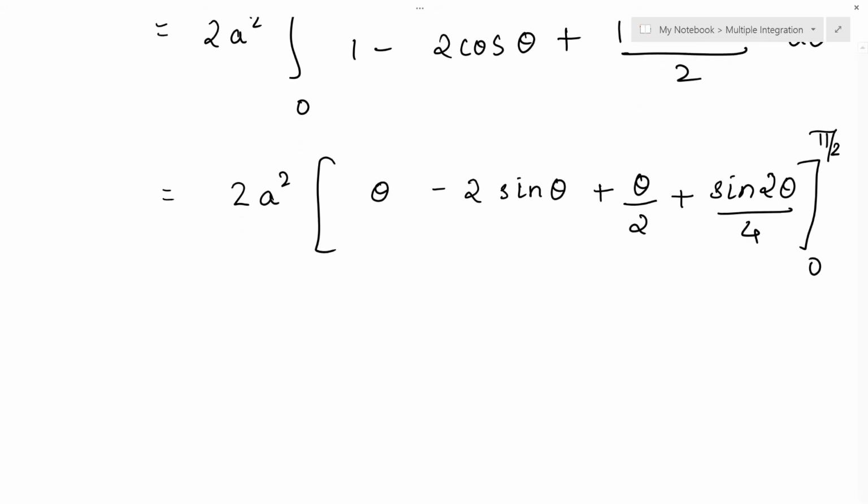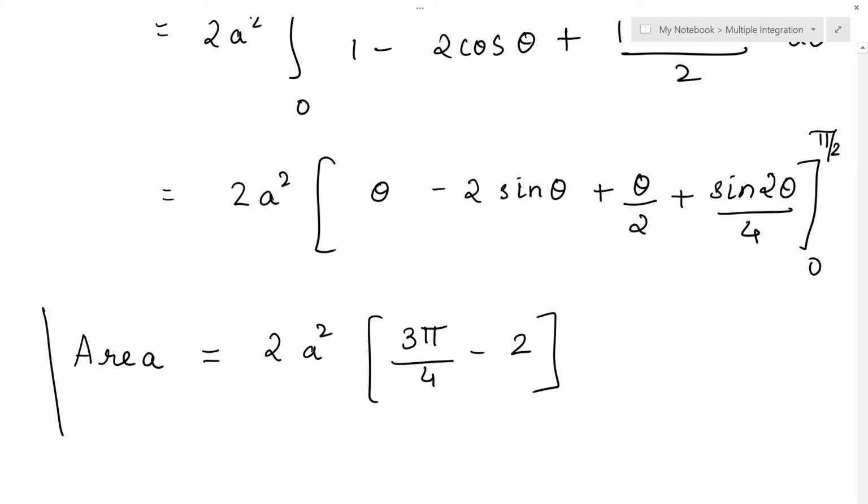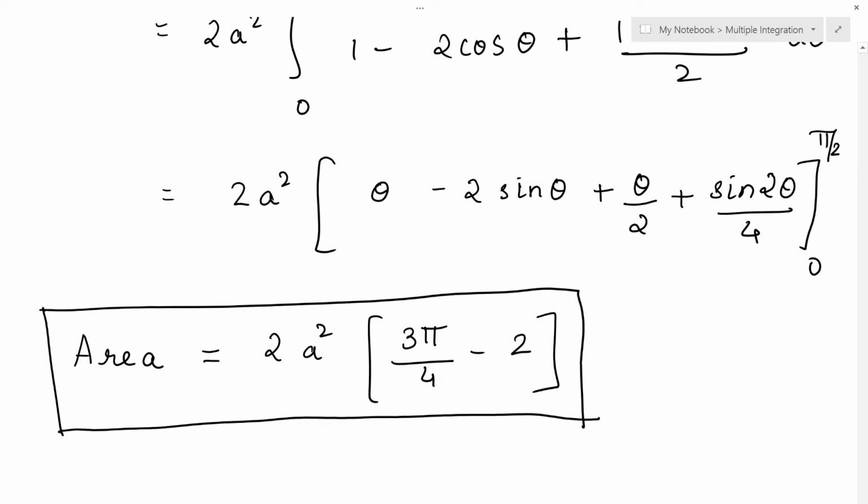So let's substitute the limits and simplify. The final answer that I need to get here is 3 pi by 4 minus 2 after simplification. You can check the answer. Okay, so after simplification, this is the area which is common to the two cardioids, r is equal to a into 1 plus cos theta and r is equal to a into 1 minus cos theta.